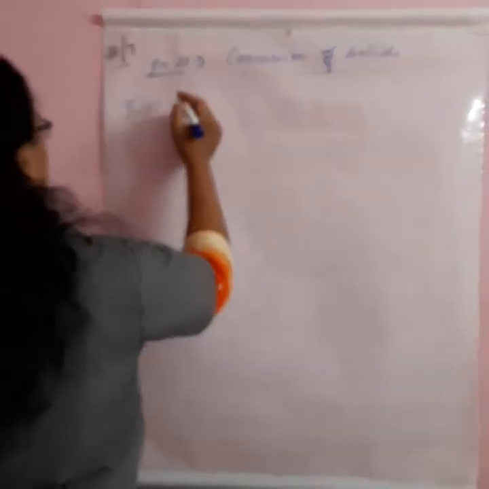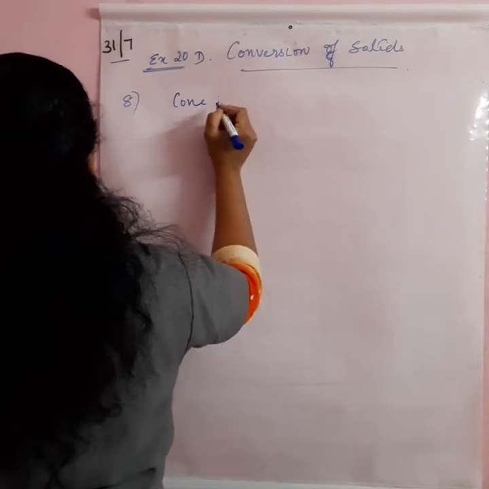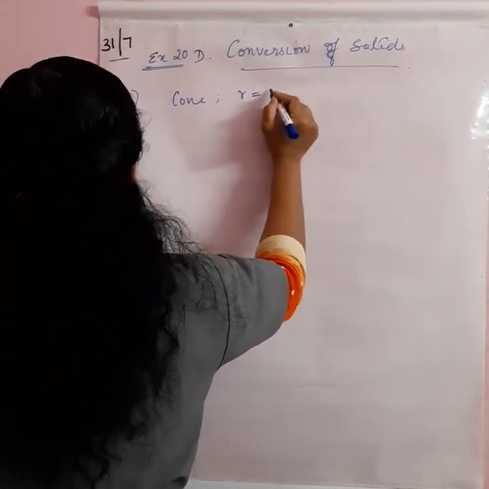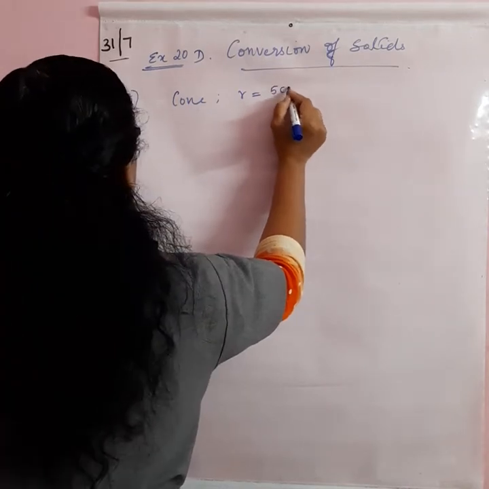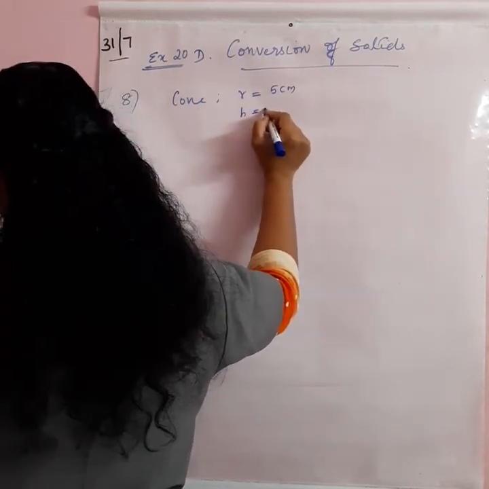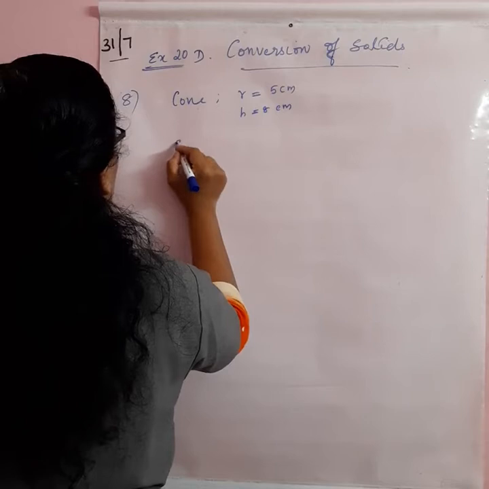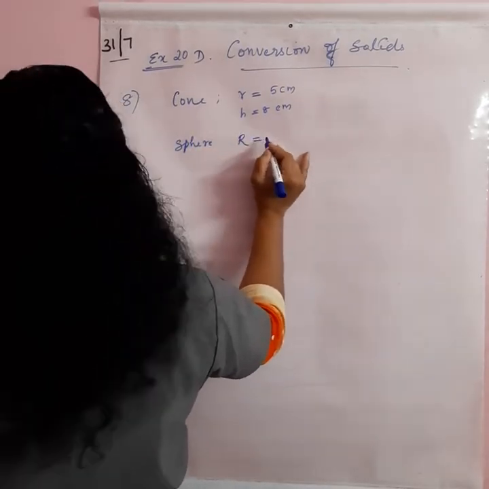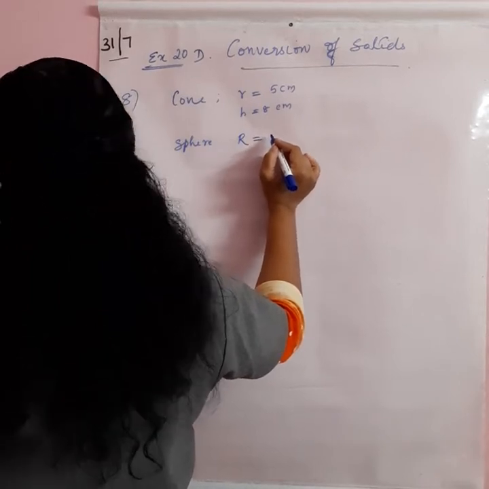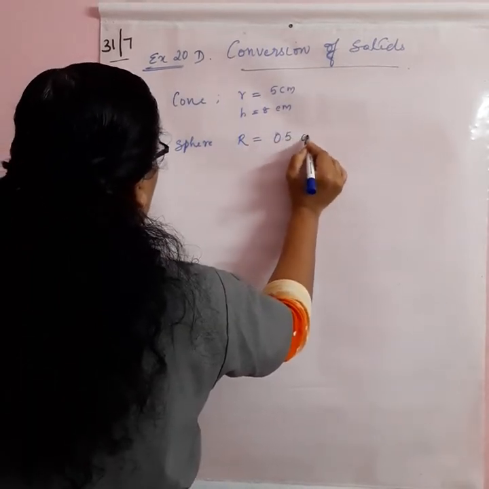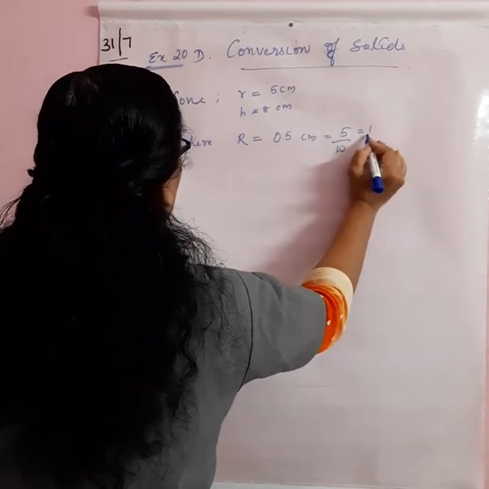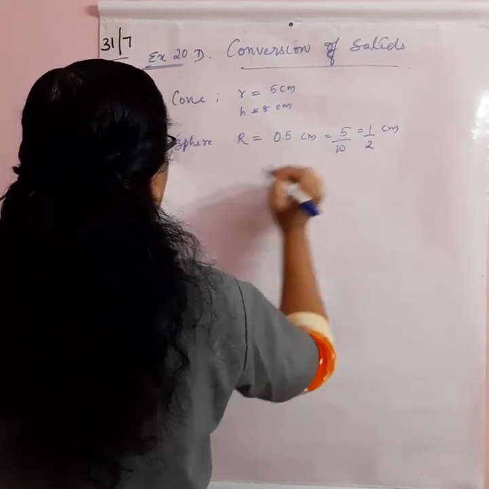The cone, I will write the unit. What is the cone? Cone of radius, let r be the radius of the cone. It is equal to 5 centimeter and height is equal to 8 centimeter. Now sphere, I will write capital R. Capital R is equal to 0.5 centimeter. Can I write it as 5 by 10, or equal to 1 by 2? 1 by 2 centimeter. Okay.